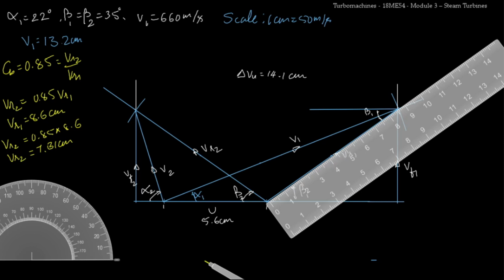which can be taken as 7.3 centimeters. Now I'll take this compass, I'll change the angle, I'll place it here on this point, and I'll reduce the length to 7.3. Now on VR2 I'll draw one more arc.